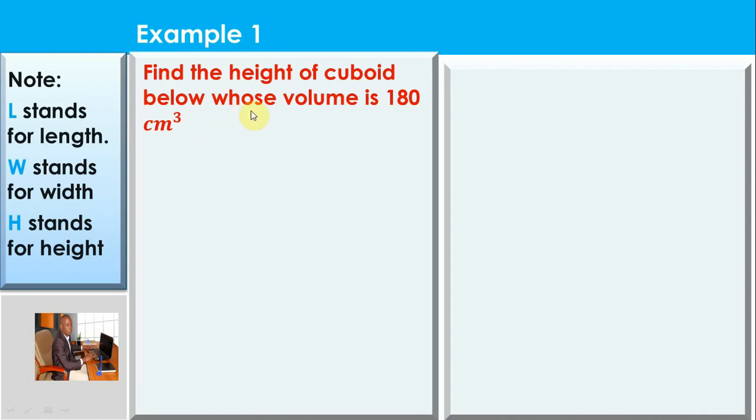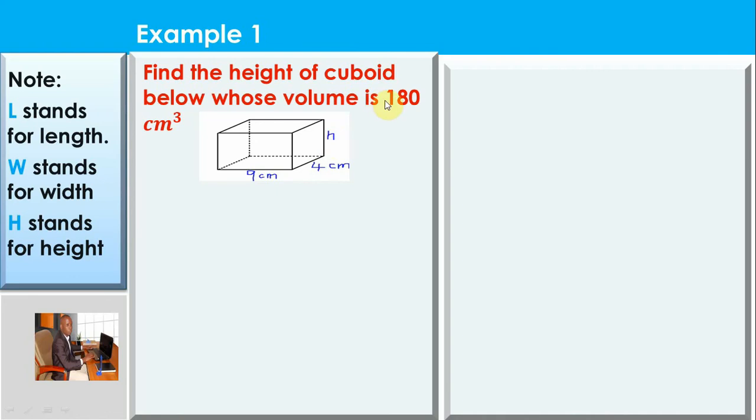Now, let us bring in the cuboid. Here it comes. In this cuboid they have given us the length and the width, and the height is there, but it is not given; they have only given it as h, so we don't know it.